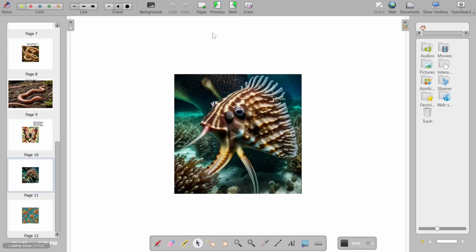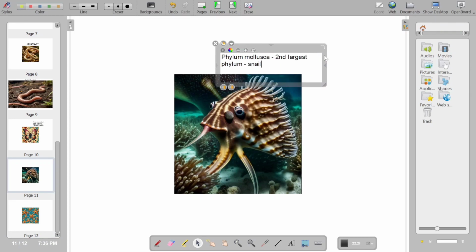Then phylum Mollusca. This is the second largest phylum. For example, snails, cuttlefish, octopus.